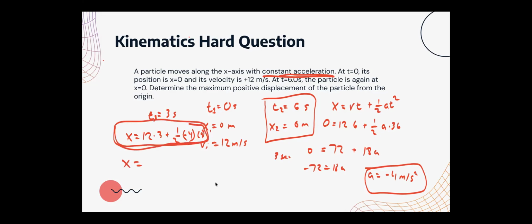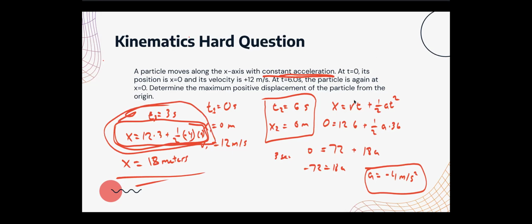I don't want to go through the hassle of solving that, but you get 18 meters as the maximum positive displacement. Does that make sense to you guys? I know I breezed through the last part pretty quickly, but does that make sense, kind of how I got that?